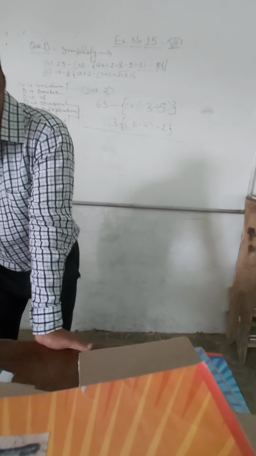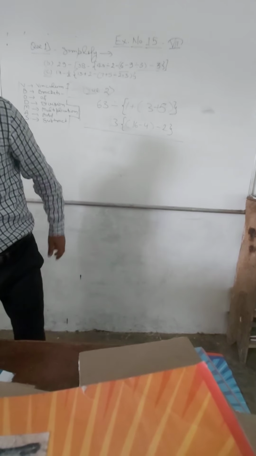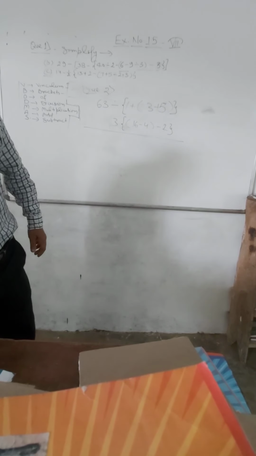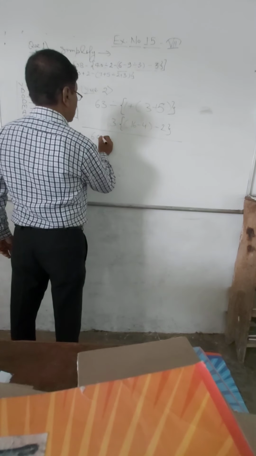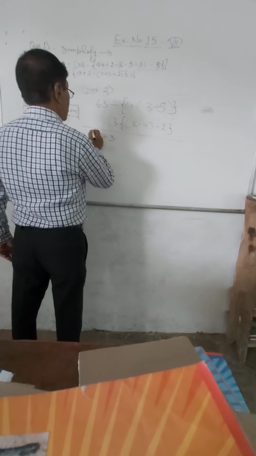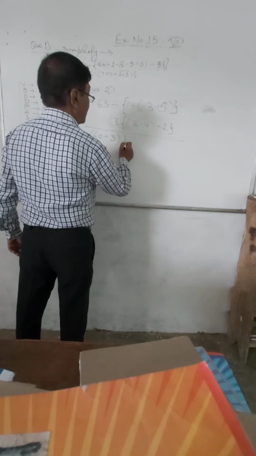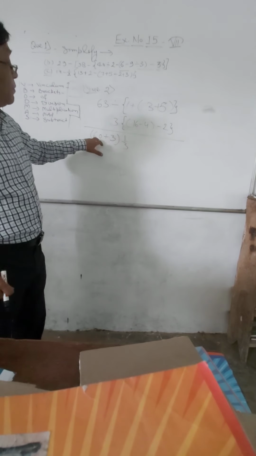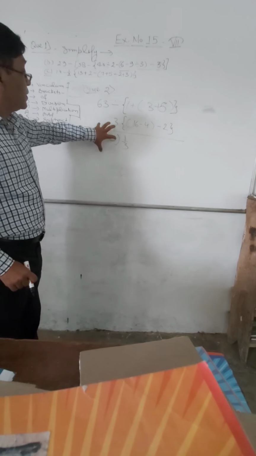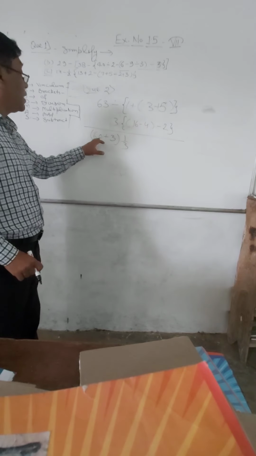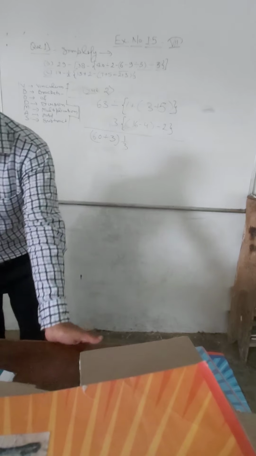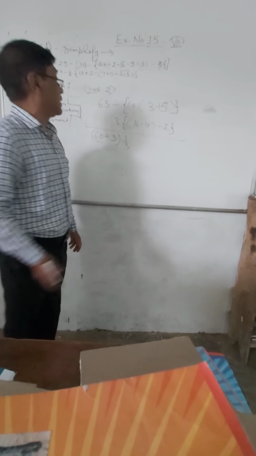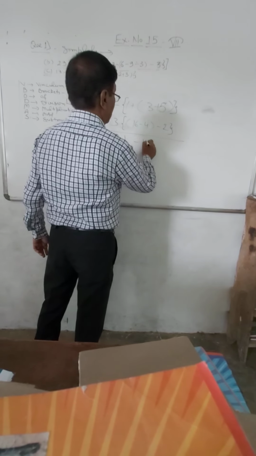From 1/3 of the sum of 60 and 30. 1/3 of the sum of 60 and 30, and what is subtracted from this? 18 is subtracted, minus 18.